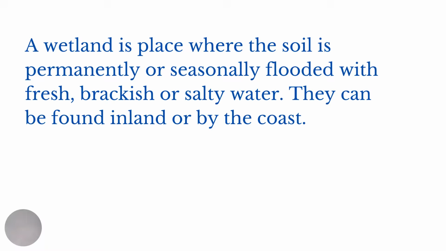All right. Then we have our wetland vegetation. A wetland may be defined as a place where the soil is permanently or seasonally flooded with fresh, brackish, or salty water. They can be found both inland or along the coast. And as I said before, most of the swamps are located along the coast.